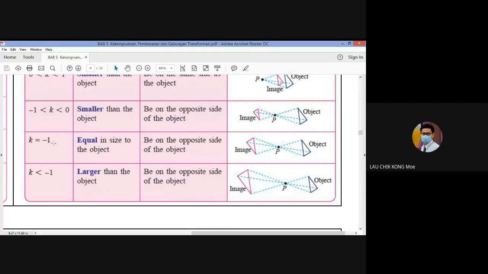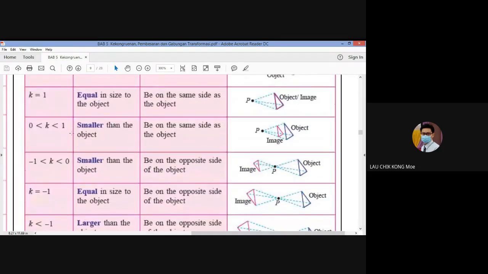Okay, so if K is between -1 and 0, means that less than 0 but greater than -1, the image is smaller than object. Image lebih kecil daripada objek lah. Okay, tetapi mereka berada pada opposite side. Okay, ini terbalik daripada tadi ya. Kalau tadi 0 to 1, smaller than, sama lah, smaller than.